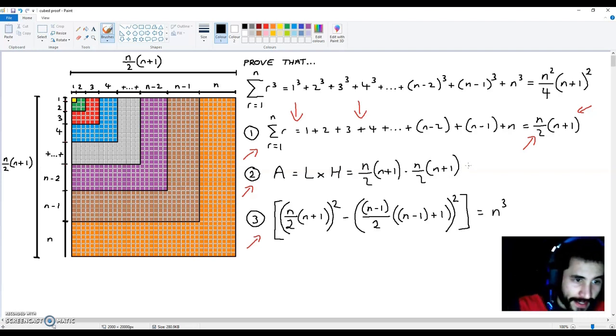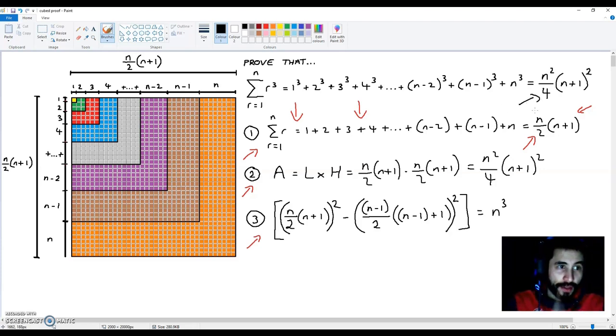And this is in fact equal to n squared over 4 multiplied by n plus 1 squared. So this is the area of the big square, and it's actually related to what I'm trying to prove to you over here, that when you get the cubes of the natural numbers up to the term n, you get n squared over 4 multiplied by n plus 1 squared.